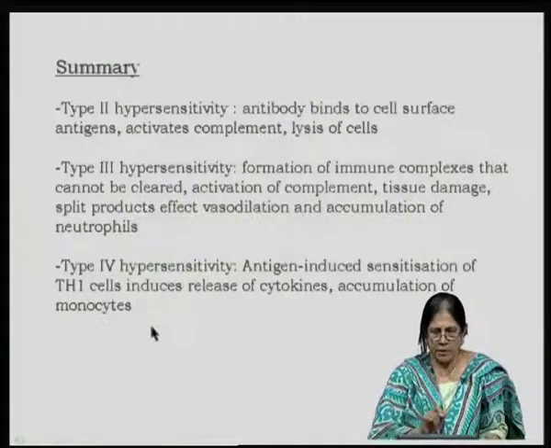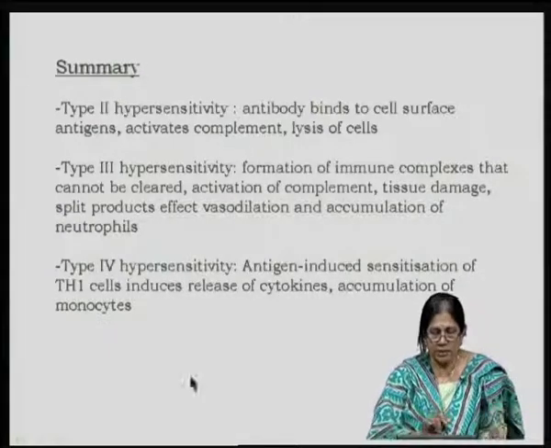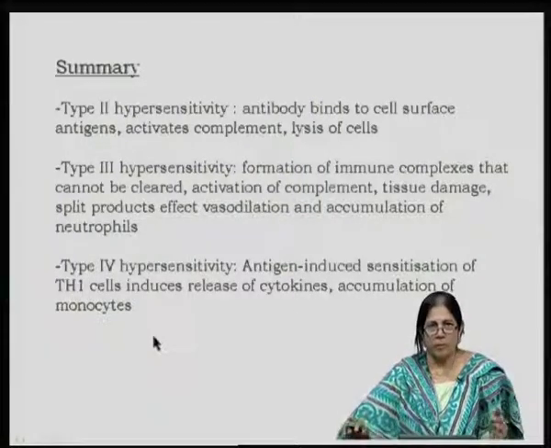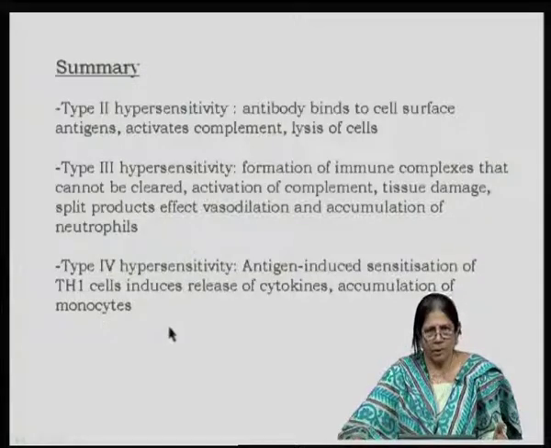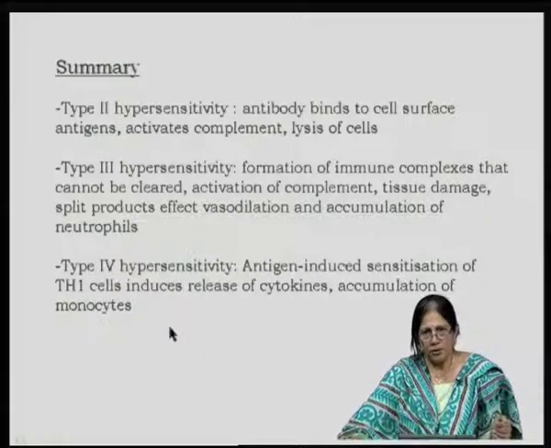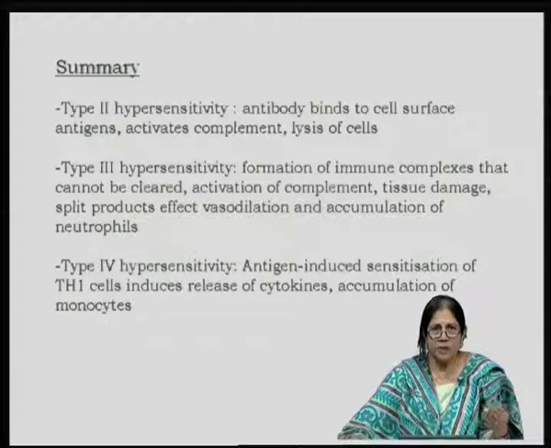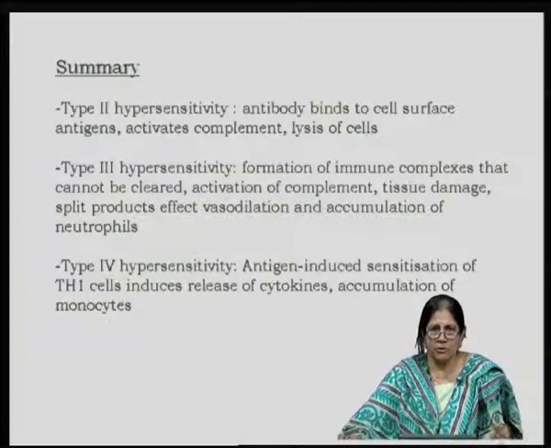Type 4 hypersensitivity is antigen induced sensitization of Th1 cells. This induces release of cytokines and accumulation of monocytes. You would agree with me therefore that none of these reactions would happen under normal circumstances. It would only be in situations where the hypersensitivity is evoked because of conditions which normally would not happen.